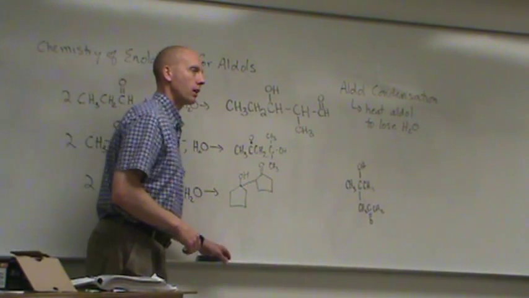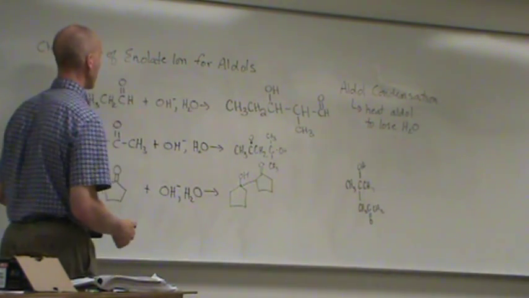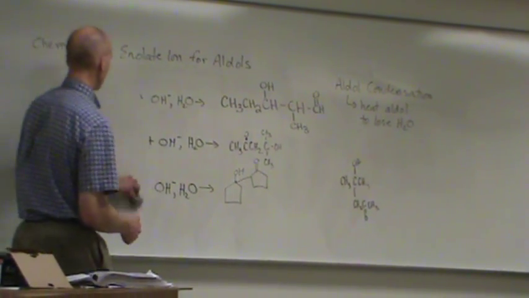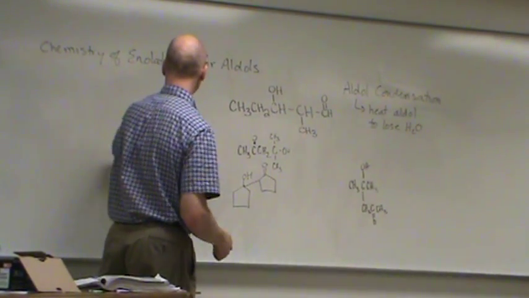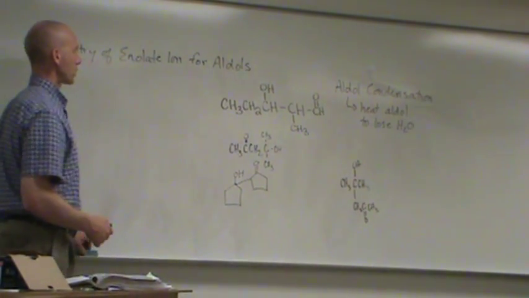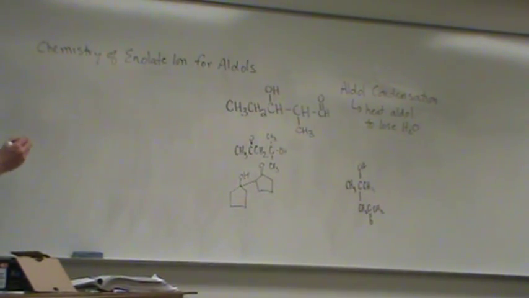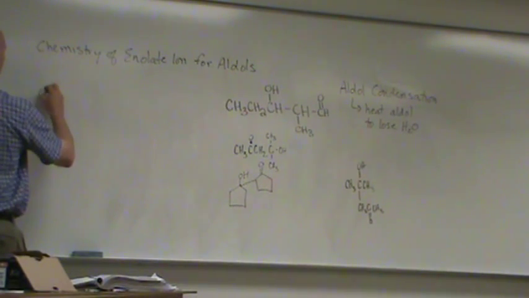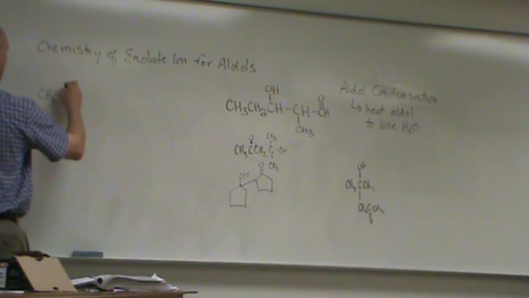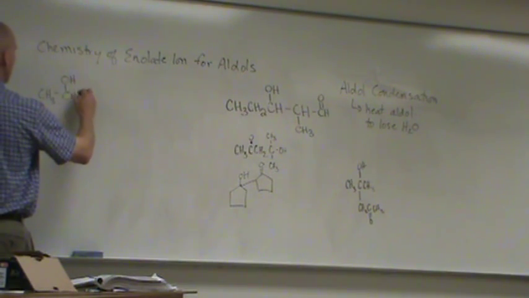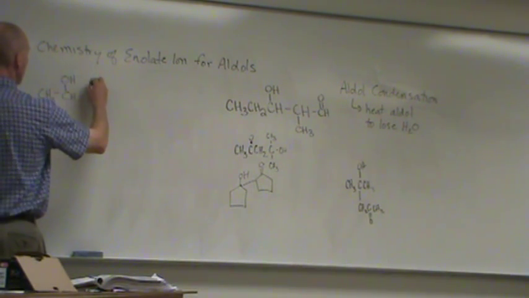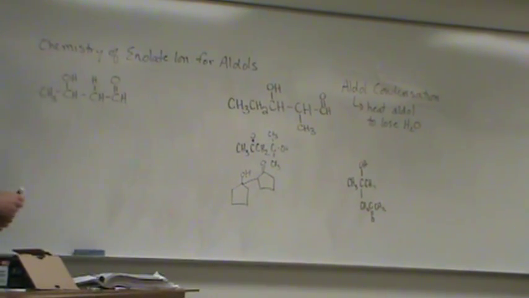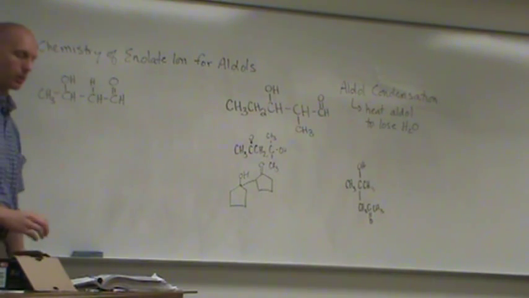So let me show you what I mean here. Okay, I'm going to erase this part of the reactions. I'll leave those aldols up there. Let's look at this aldol here. This is the one that we made in the beginning. So this is our first aldol that we made.